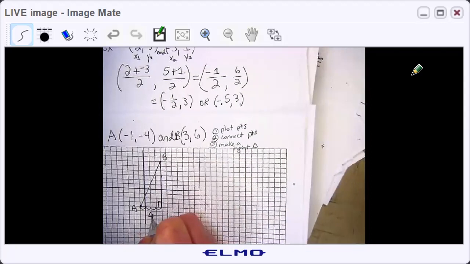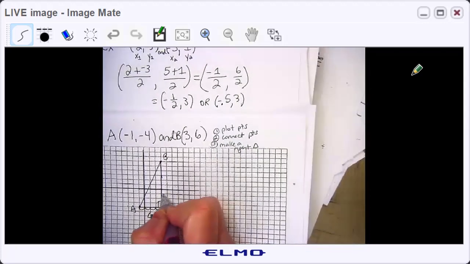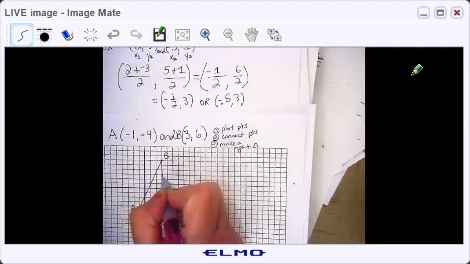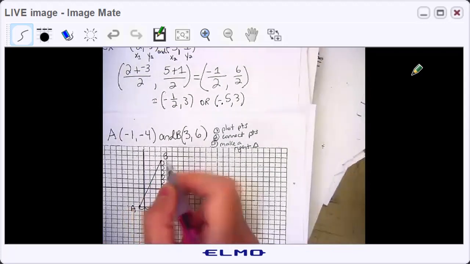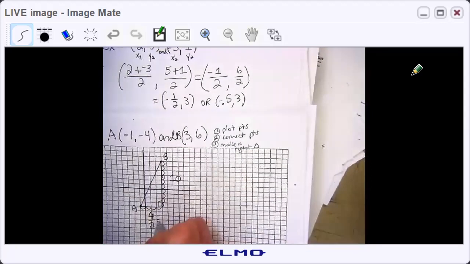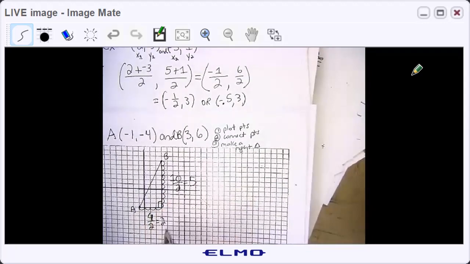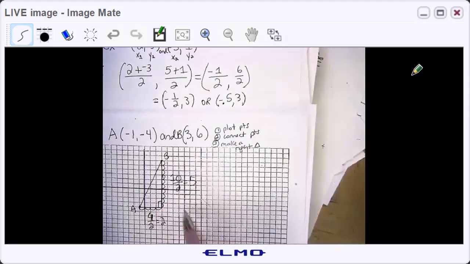Let's go ahead and write that down. I've gone a distance of 4 over to the right. 1, 2, 3, 4, 5, 6, 7, 8, 9, 10. So I've gone 10 up. So you want to take half of those numbers, because we're going halfway. And if you do a motion of 2 over and then 5 up, you should get to the midpoint.